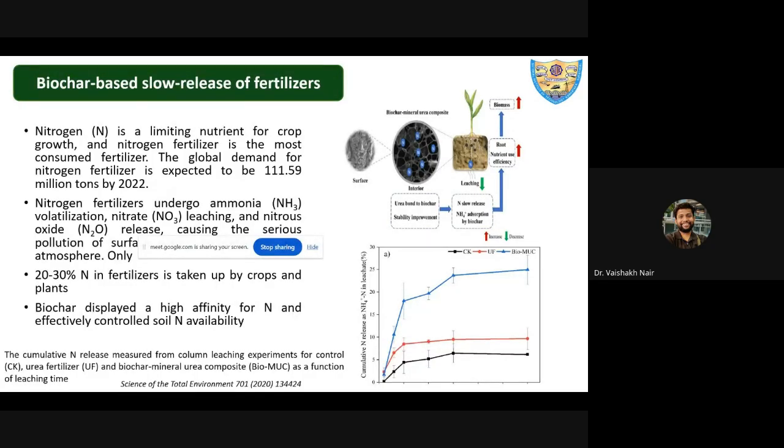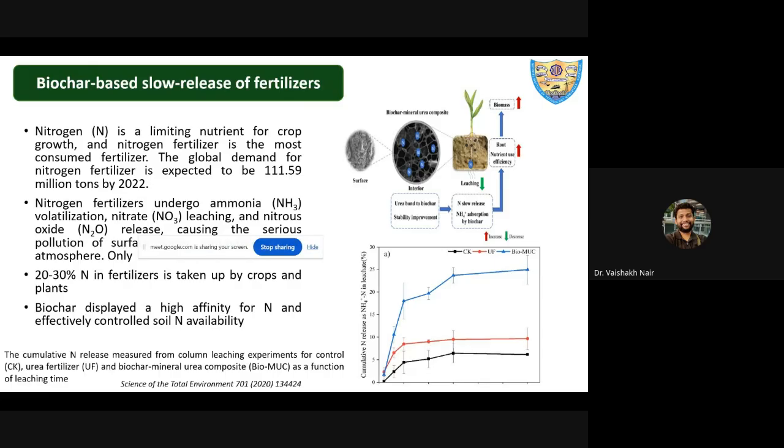What you see below is a plot where the researchers tried to compare the effect of urea fertilizer with urea modified with biochar, and they also added certain other components, some minerals. For this urea biochar composite, I forgot to put the retention time.